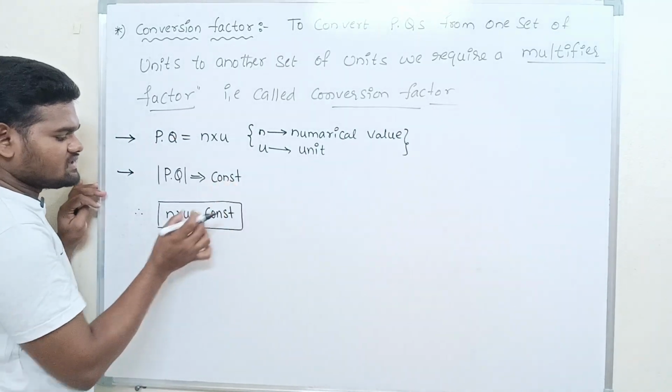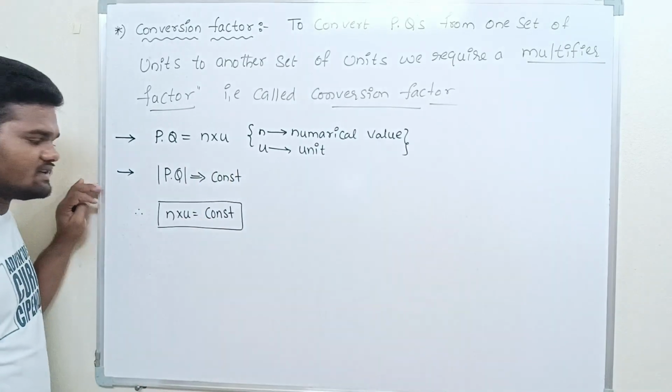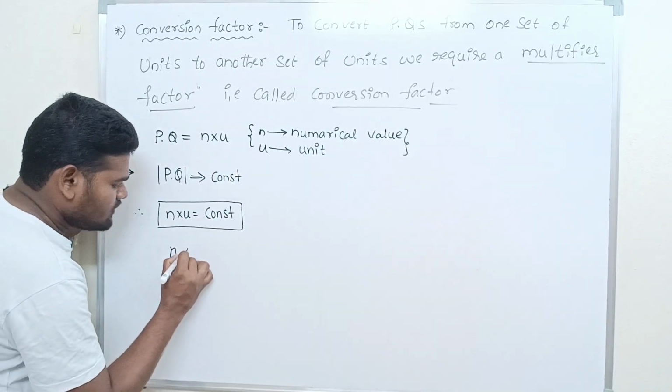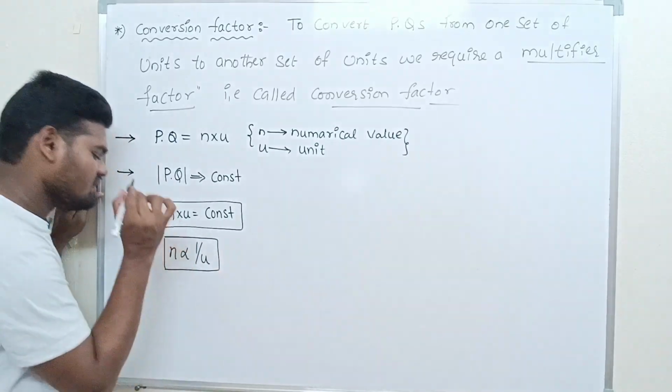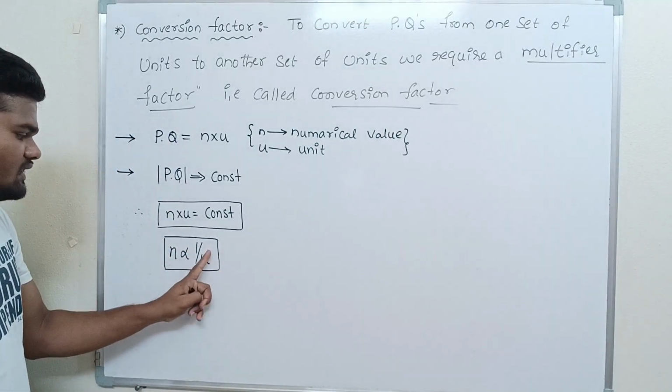Therefore, n into u is equal to constant. That means the numerical value is inversely proportional to the unit.